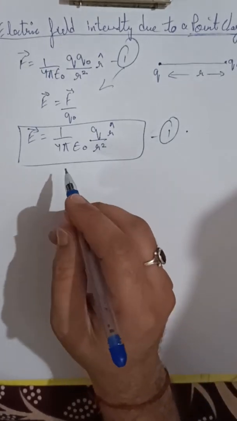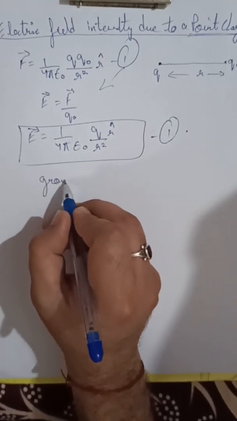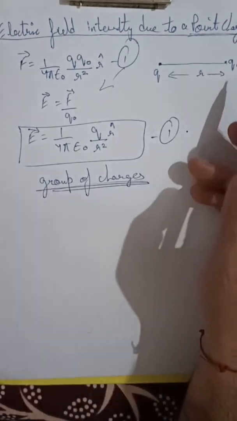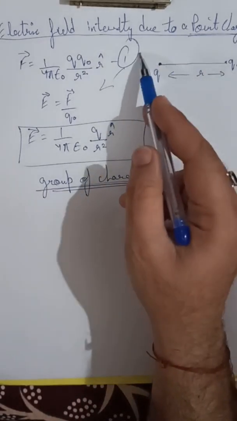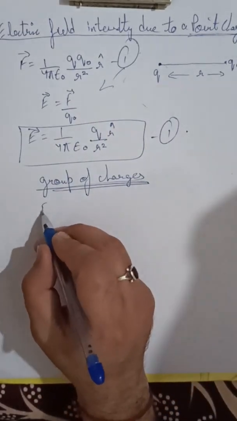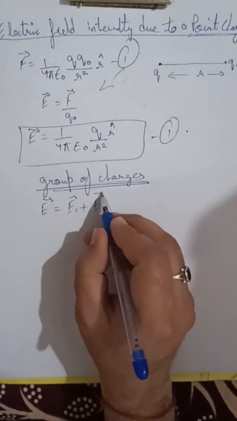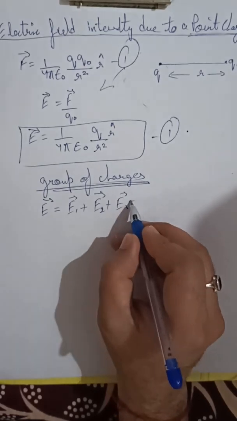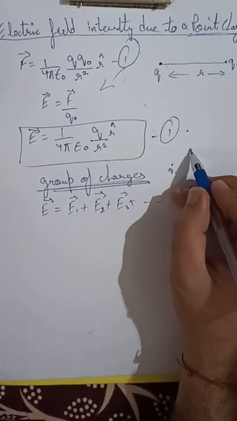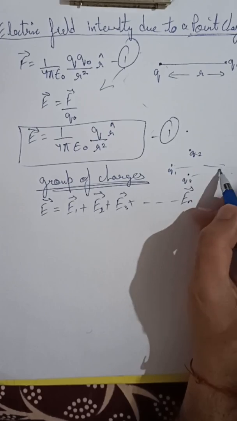So if there is a group of charges, our test charge will remain the same, but there are many charges around. Then the electric field intensity is given as the total of all the electric field intensities, say E1, E2, E3, and so on up to En. We are taking Q1, Q2, Q3, all of their combined effects on Q naught.